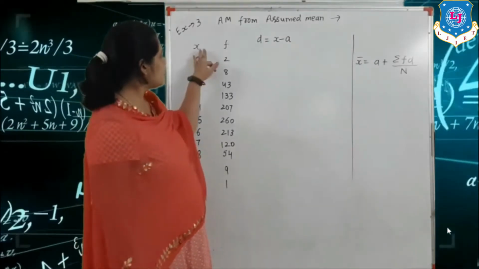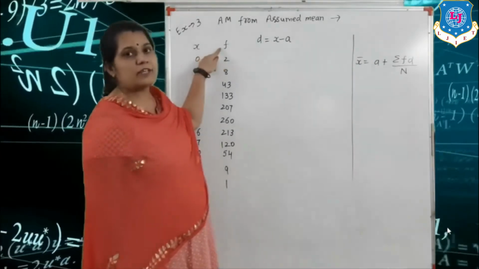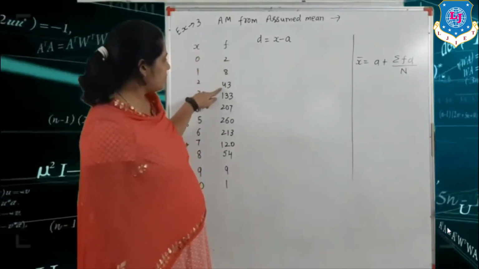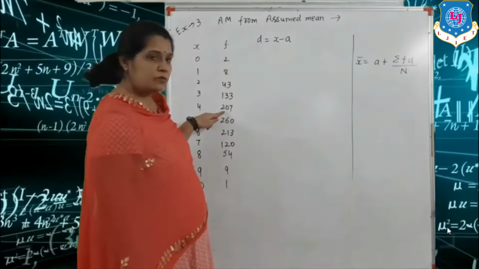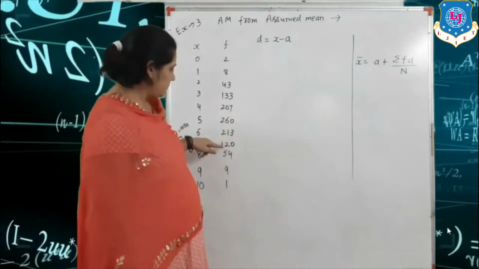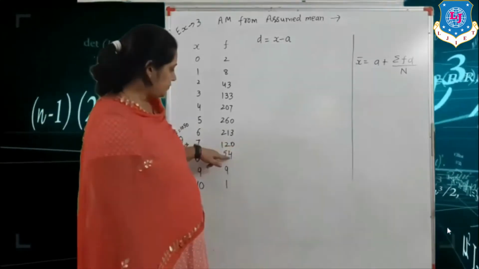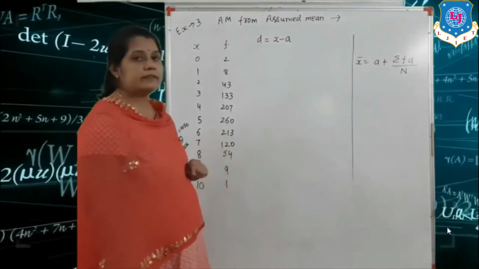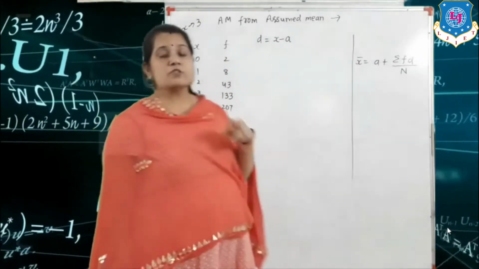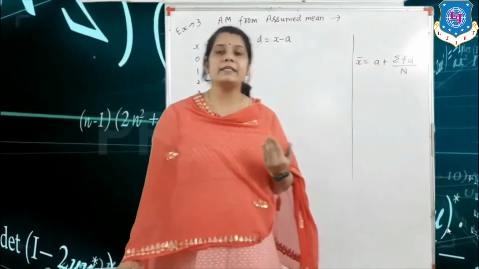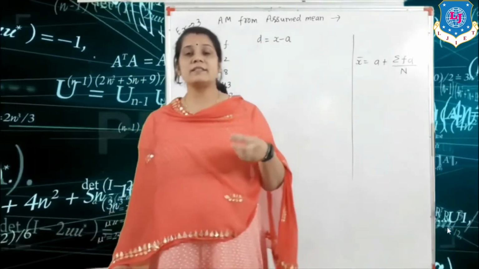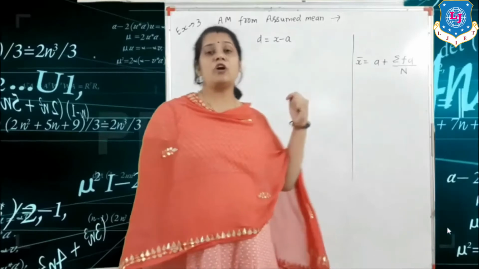According to this x, we have the values of f, the frequency: 2, 8, 43, 133, 207, 260, 213, 120, 54, 9 and 1. So this is the value of x and this is the value of f. To find the arithmetic mean with the help of the assumed mean, first we consider the value of a in the column of x.